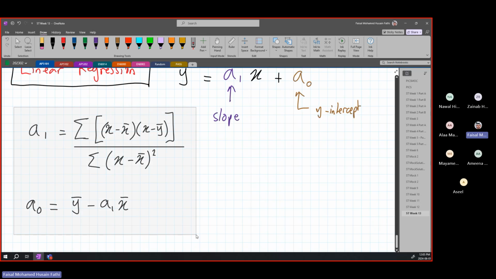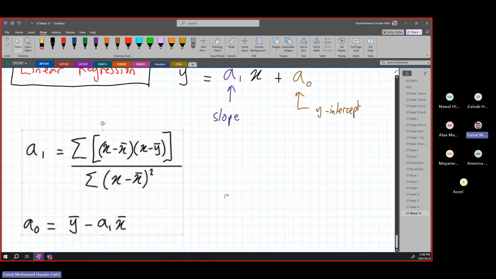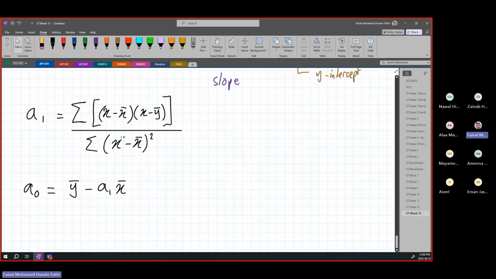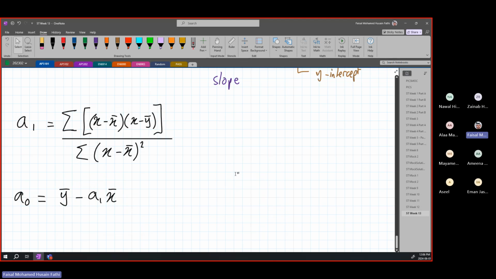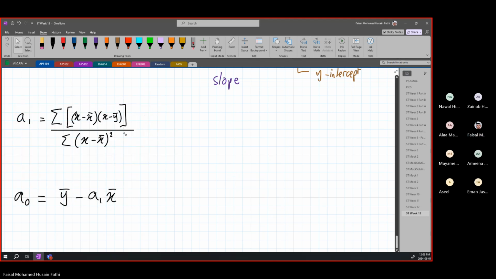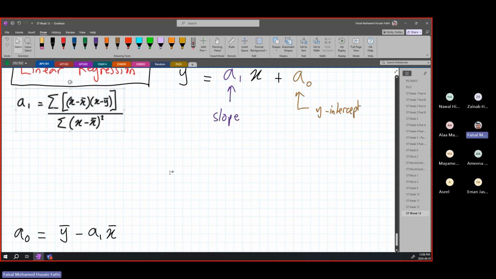Obviously, there are a lot of different equations you can apply, not just these two. There are other equations that use x and y directly without using x bar, but I am not going to use any of those. The way I will solve this is, let me make this smaller. All right, so this is one of the equations if you want to find it directly. So you're going to find x minus x bar in the table, then y minus y bar in the table, and then x minus x bar, you're going to square it from the table.